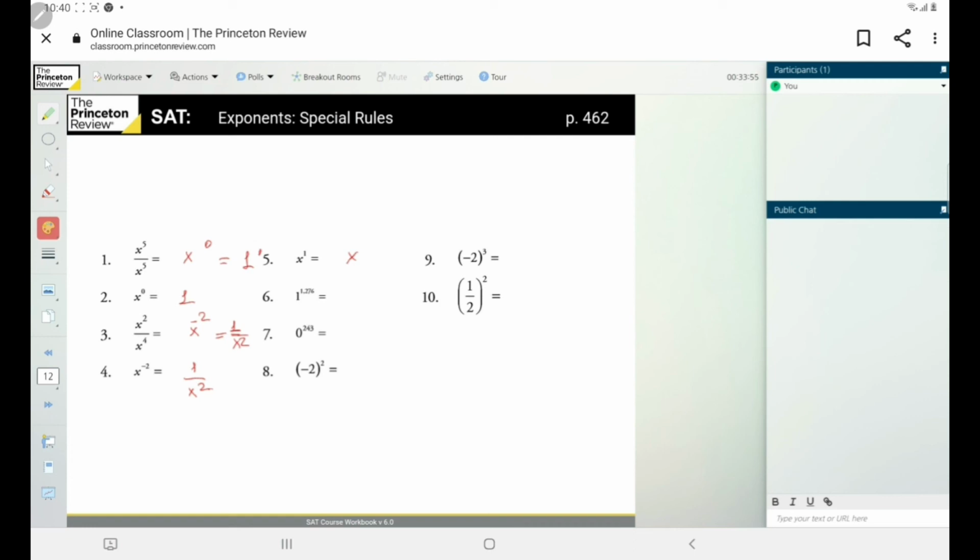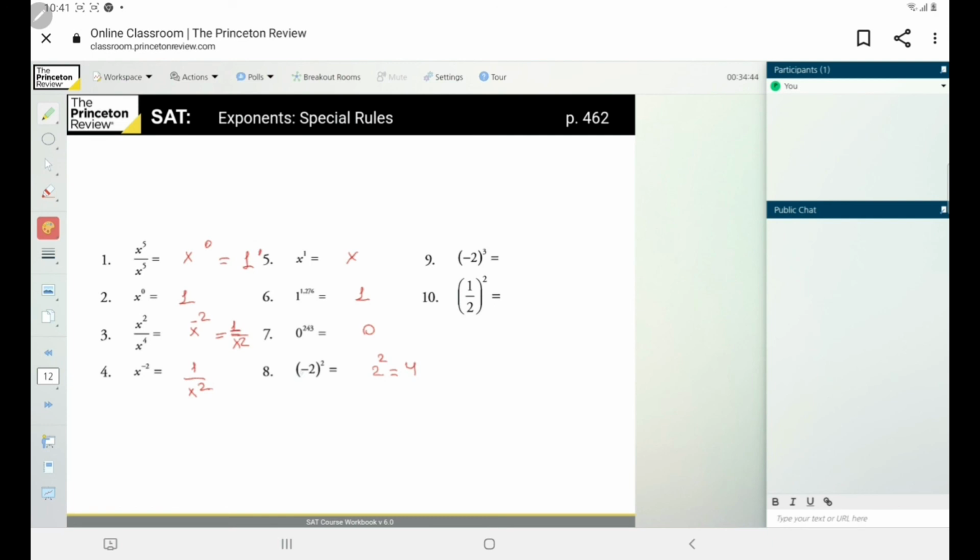Any number to the exponent 1 is always equal to itself. And 0 to any exponent is equal to 0 always. A negative number raised to an even exponent, negative 2 squared, gives us 4.